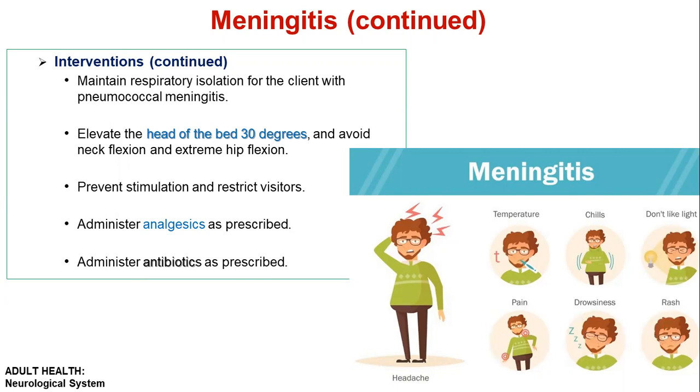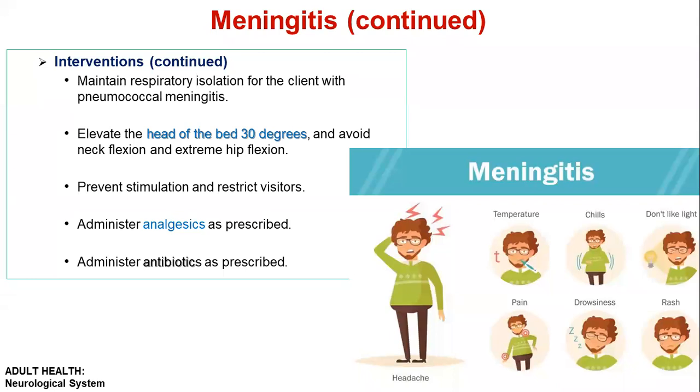These are the most common signs. If you want to add, other signs are nuchal rigidity, meaning neck rigidity, positive Kernig sign or positive Brudzinski sign, and an altered level of consciousness.